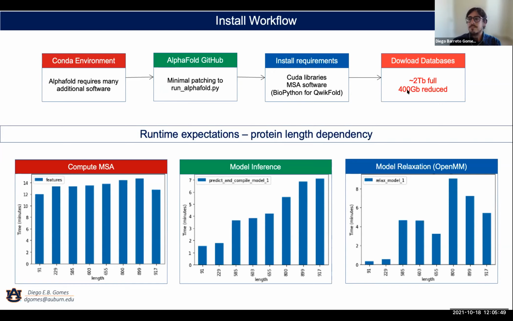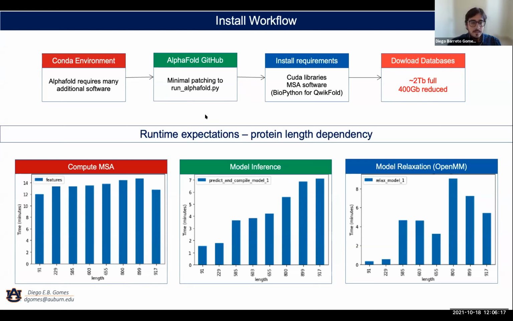Then the painful part right now is that you have to download all the databases that Alphafold needs. If you want to use the full model, you have to download around 400 gigabytes, and when you extract it, it gets to 2 terabytes. If you want to use the reduced set, it will be just 400 gigabytes. It's a lot, and we're going to work on that in the future.